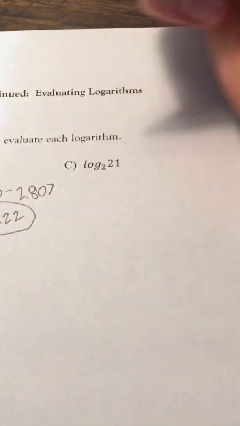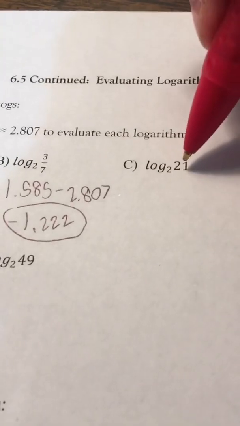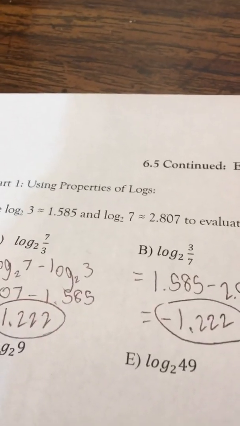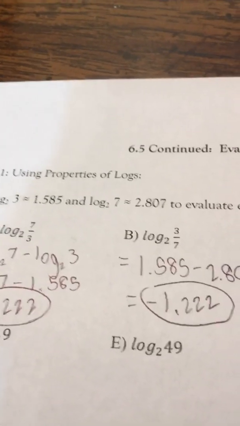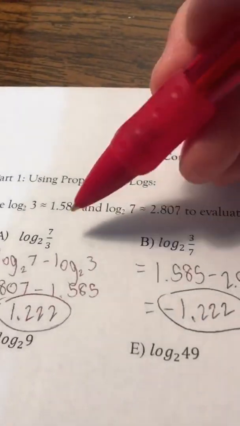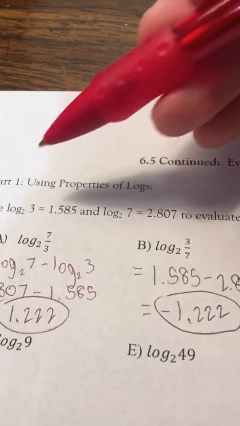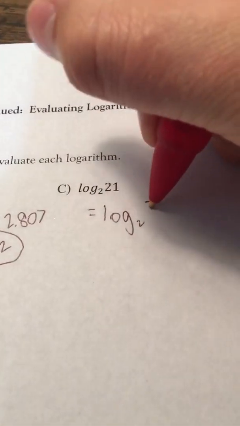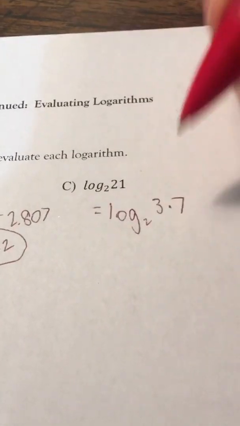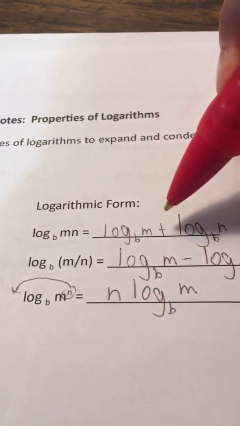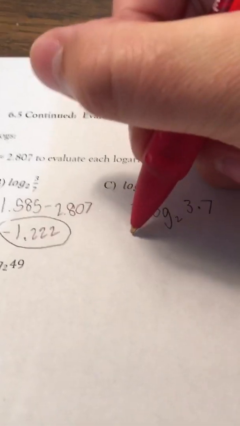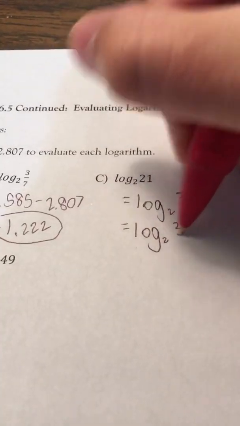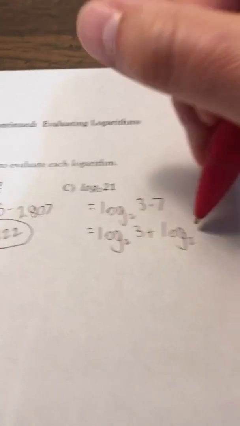Now problem C, log base 2 of 21. Now, I don't know anything about log of 21. I know log base 2 of 3 and log base 2 of 7. How could I make 21 out of 3 and 7? 3 times 7. Log base 2 of 21 is log base 2 of 3 times 7. Now, it's multiplication this time. Remember, if you have log of something times something, you could turn that into what kind of problem? Addition. So I can rewrite this as log base 2 of 3 plus log base 2 of 7.